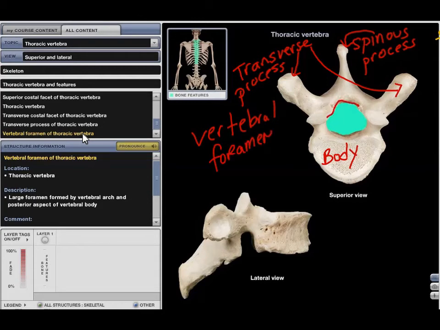And that's this hole, or this space right here that I'm outlining. The combination of the vertebral foramen of all the vertebrae are what form the canal that houses the spinal cord. This vertebra that we're looking at is from the thoracic region of the vertebral column.